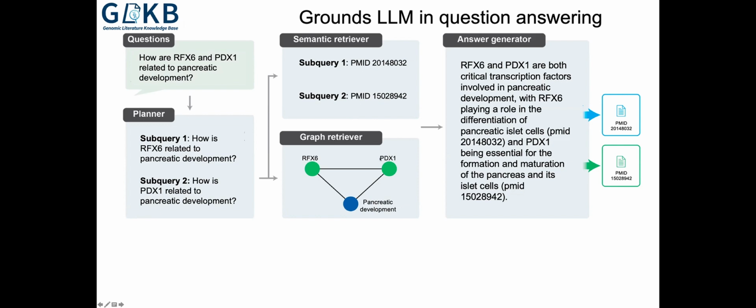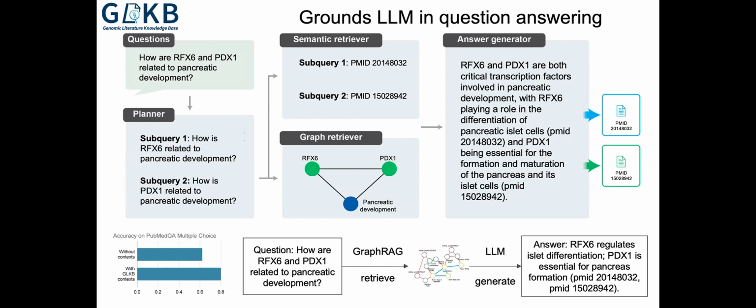Then there is the graph retriever. In the end, we can generate an answer and refer to these 2 articles by PubMed ID. We tested the pipeline on PubMedQA, and it outperforms the traditional method. So this is really the way: use graph RAG to retrieve, and use an LLM to generate the answers.